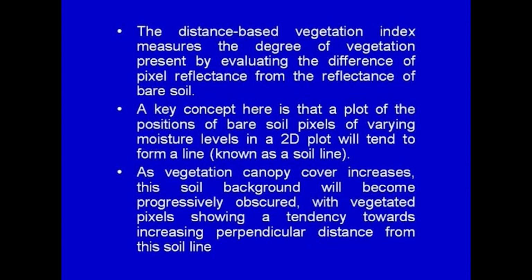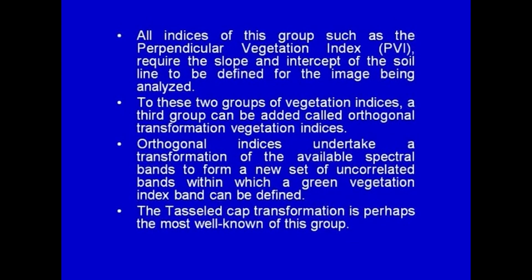As vegetation canopy cover increases, the soil background becomes progressively obscured, with vegetation pixels showing a tendency towards increasing perpendicular distance from this soil line. All indices in this group, such as the perpendicular vegetation indices or PVI, require the slope and the intercept of the soil line to be defined by the image being analyzed.